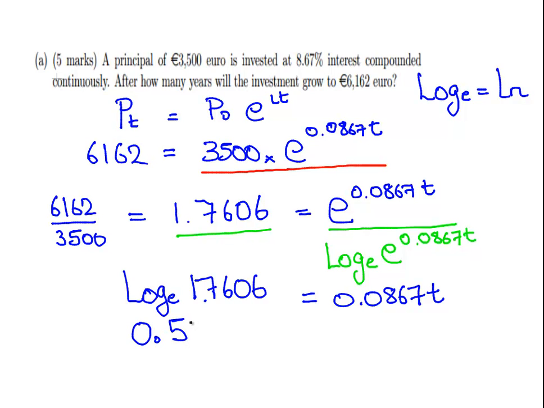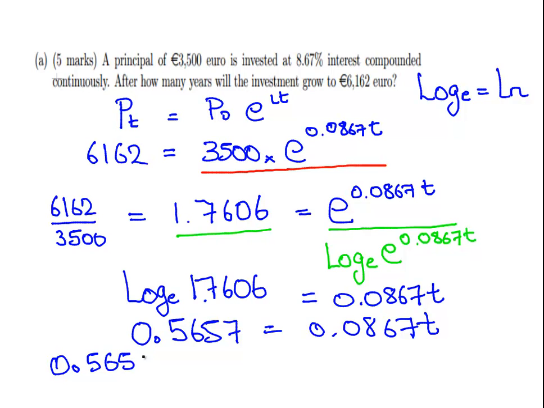So that works out to be 0.5657, and that's equal to 0.0867t. Finally, we divide both sides by 0.0867. So 0.5657 divided by 0.0867 is equal to t, which we're looking for, and that works out to be 6.5.